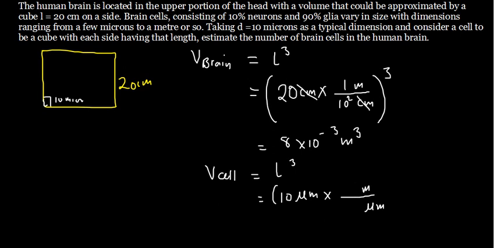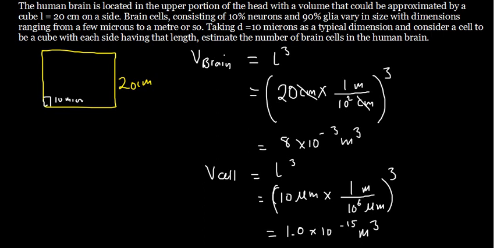A meter is bigger, so we'll say 1. A micrometer is smaller, so that will be 10. Remember, micro is 10 to the power 6. And this is raised to the power 3. So punch this on the calculator. That is going to give you 1.0 times 10 to the power negative 15 meters cubed.